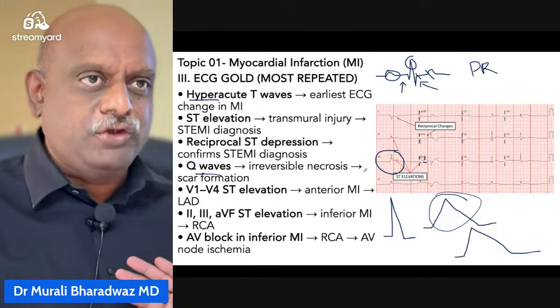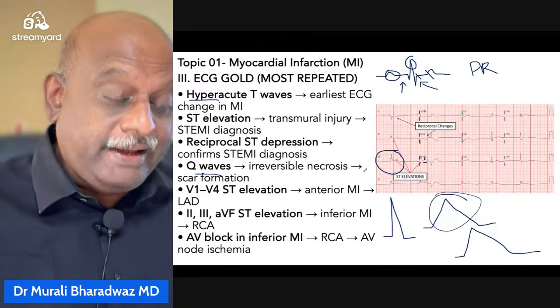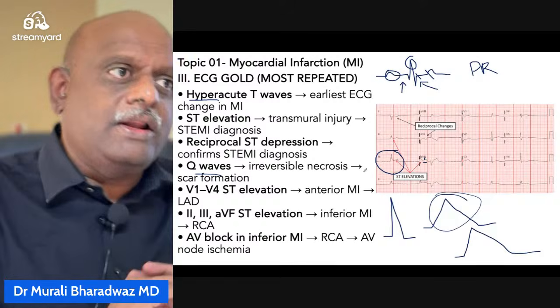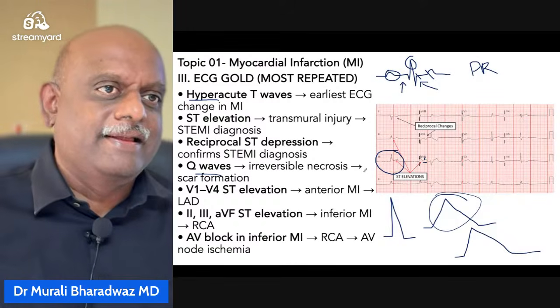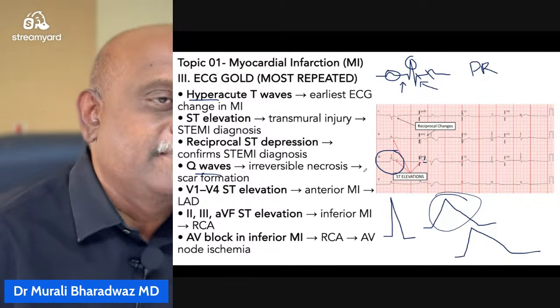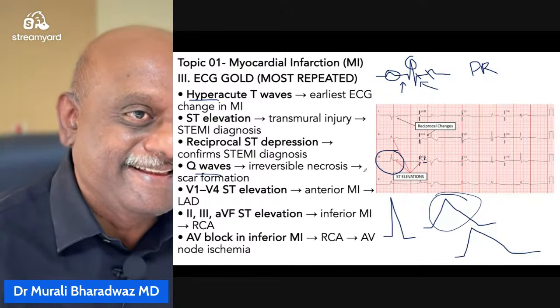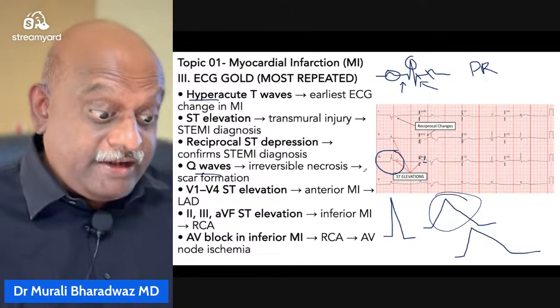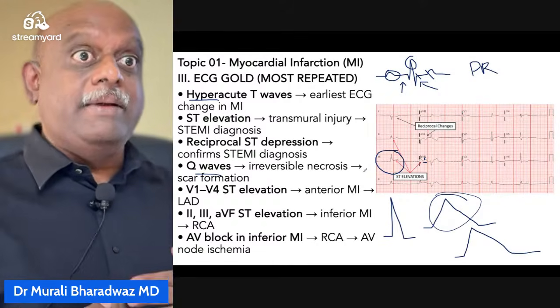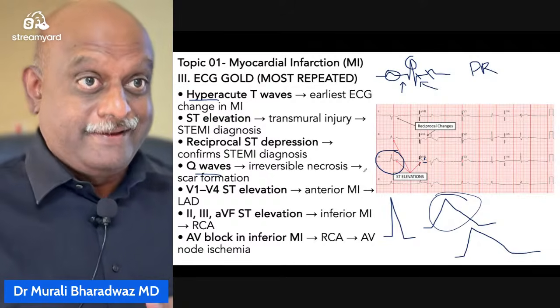Now, in the heart, is the right ventricle more anterior or the left ventricle more anterior? Guess it. Right ventricle is more anterior. Immediately behind your sternum, you have the right ventricle.